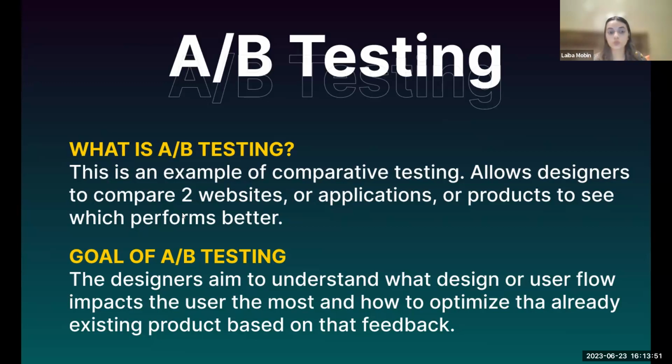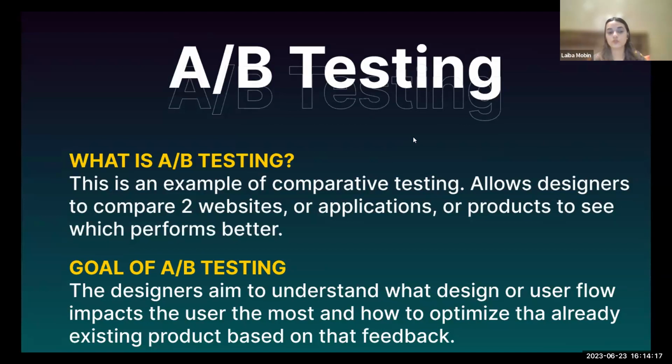So you're trying to figure out which application or which product is providing a better experience for the user. Why is it providing the better experience? And you're comparing and you're analyzing, creating hypotheses and all of that. Yeah. So for example, if you compare Pepsi with Cola, right? So you're kind of digging a little deeper into why Coca-Cola is better or why Pepsi is better. So it's just kind of like comparing two products with one another and assessing why one or the other is better.